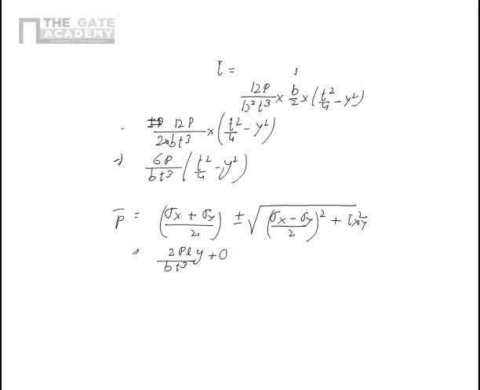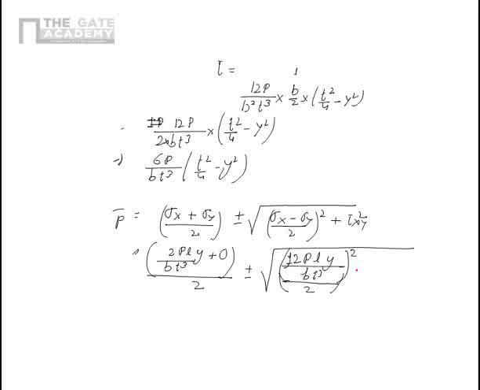So it is 12PLy upon bt cube plus sigma y, which is 0, divided by 2, plus minus square root of 12PLy upon bt cube minus sigma y, which is 0, square, divided by 2, plus tau xy square, which is this quantity.